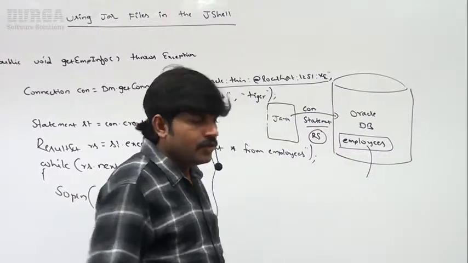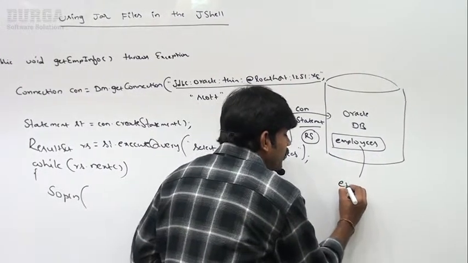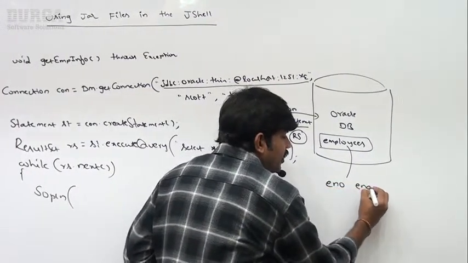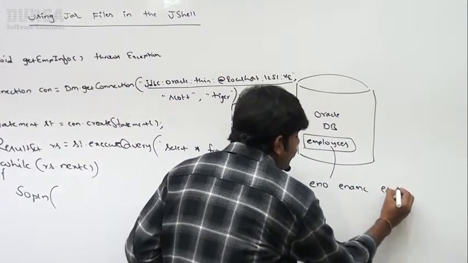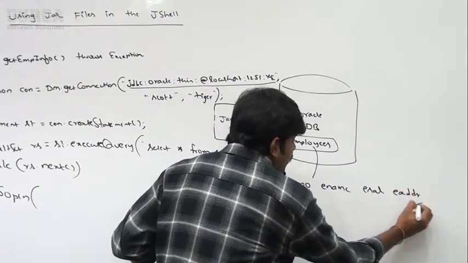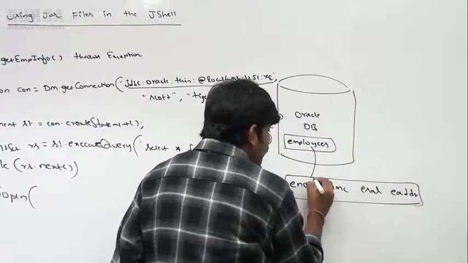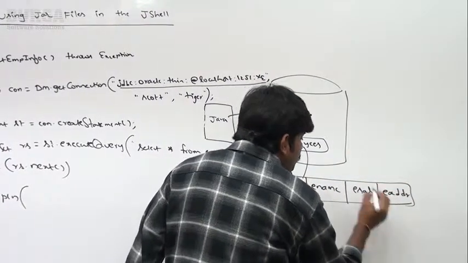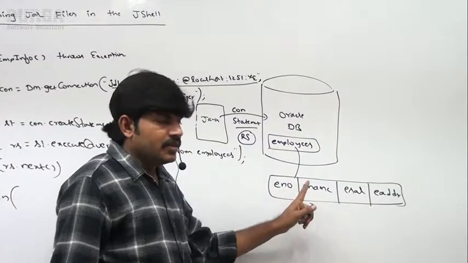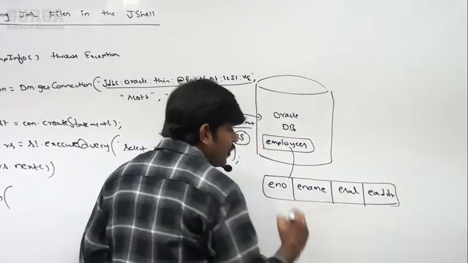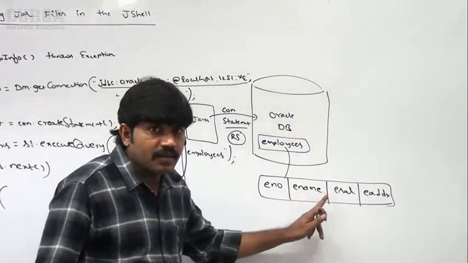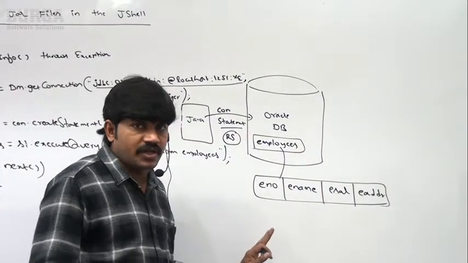What is the first column, sir? Employee number, employee name, employee salary, employee address. Total 4 columns are available, right?